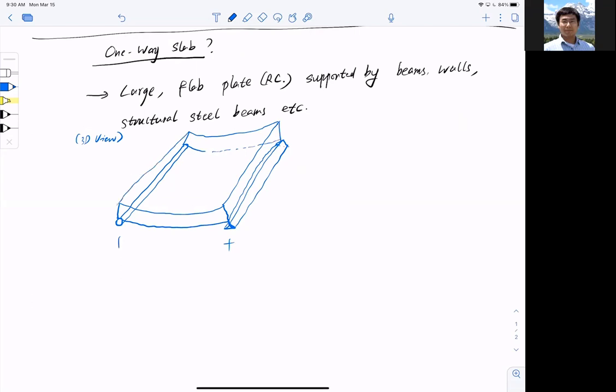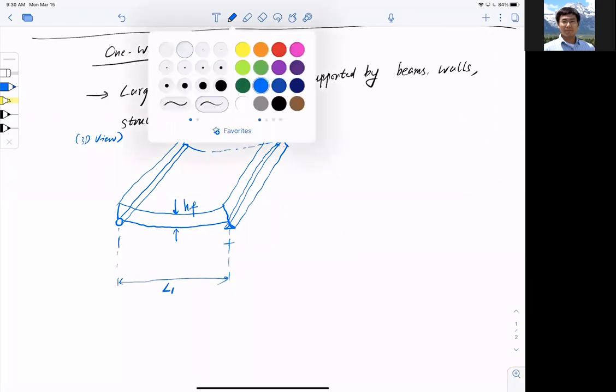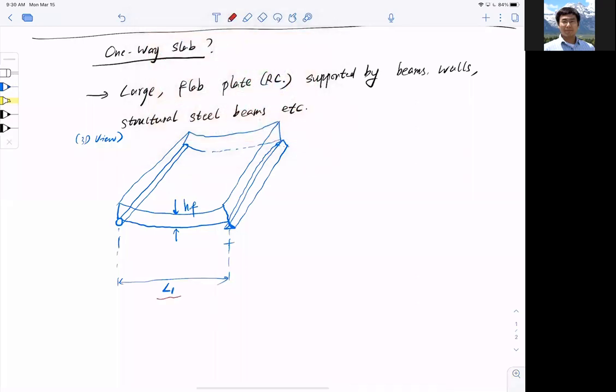Okay, so this is the one-way slab, and I can say the height of the plate is called hf. And the span length between the supports is L1, okay? And why do we call it one way? Because this is the predominant bending direction. There's another span going this way, called the transverse span, and that is L2.